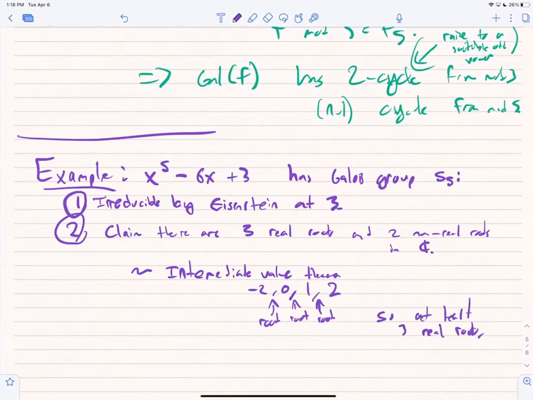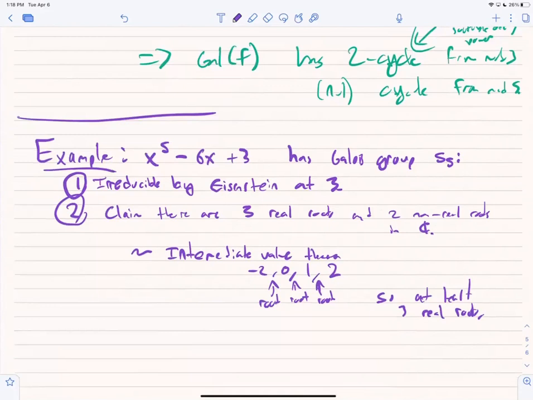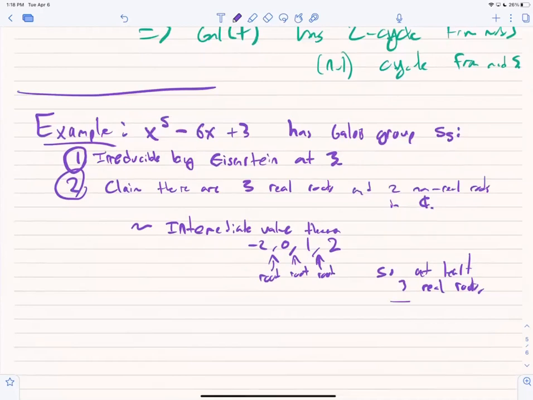The point is that when you're going negative, positive, negative, positive, in between each of these you're going to get a root. So that gives me at least 3 real roots.